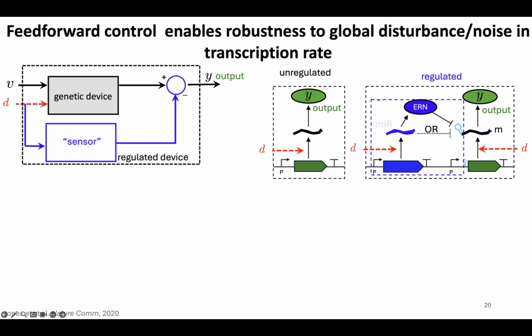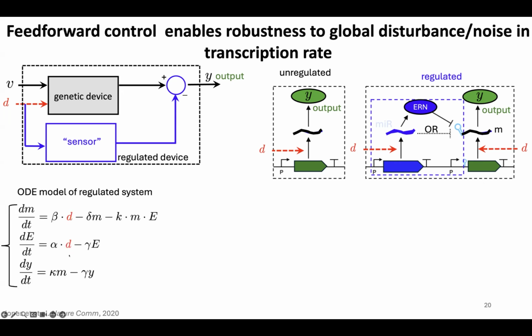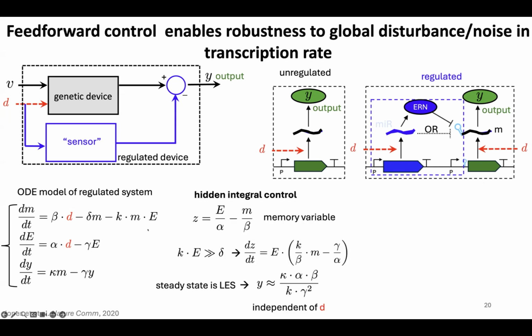So the key idea of the feed-forward controller is that you have these two paths, assuming these two promoters are identical, that are subject to exactly the same disturbances, so that you have the disturbance affecting similarly your output mRNA and the level of your ERN, so that once you look at the steady state, these disturbances cancel out on your final output, assuming that the catalytic rate of your ERN is sufficiently high compared to dilution.